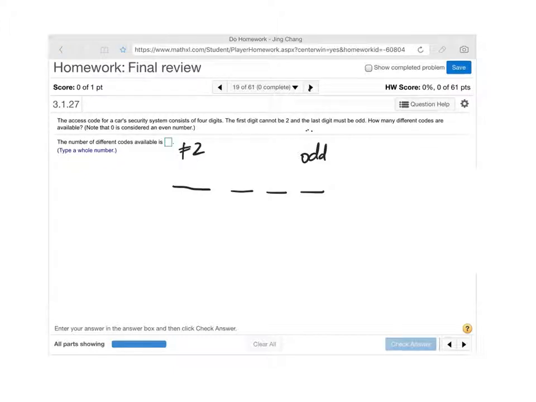There will be 9 options for the first one, because from 0 to 9, 10 numbers, but it cannot be 2. There'll be 9 options, and 10 options here, 10 options here, and the odd number could be 1, 3, 5, 7, 9. So it'll be 5 options, and just multiply them together. So it's like a fundamental counting principle, same thing. So 4,500.